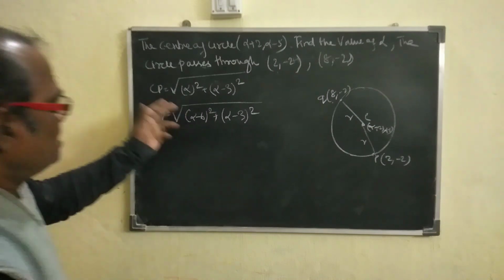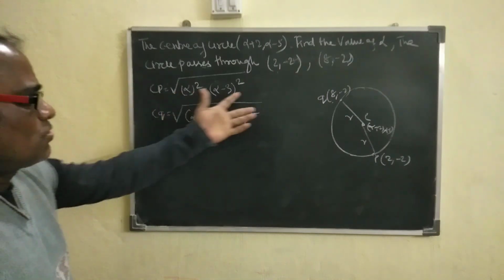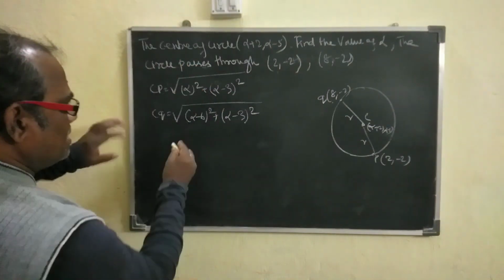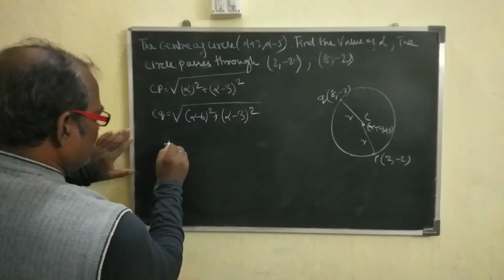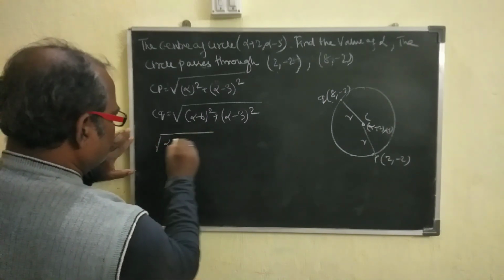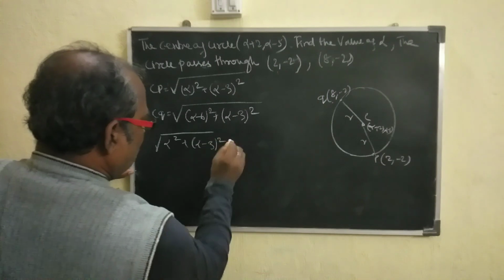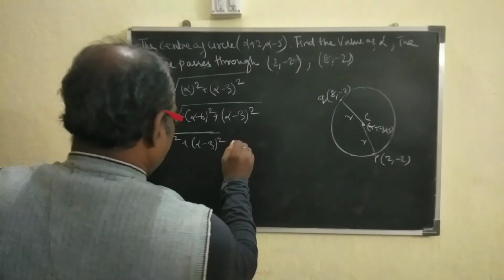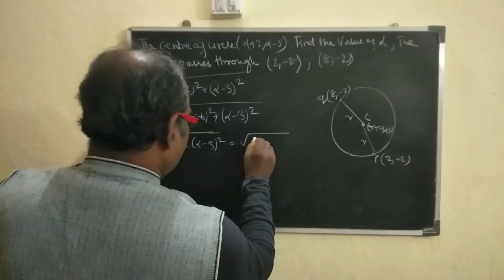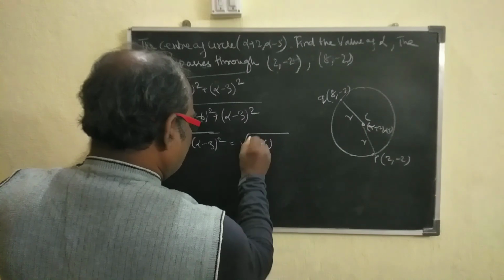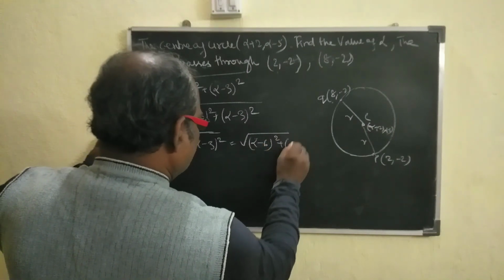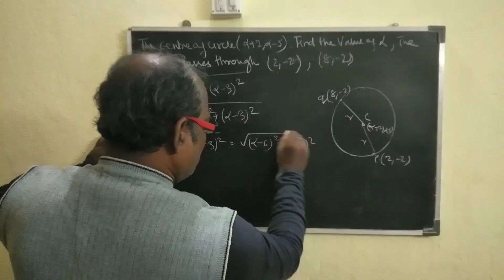whole squared. Since these two are the radius, they are equal, so we can equate them: root over alpha squared plus alpha minus 3 whole squared equals root over alpha minus 6 whole squared plus alpha minus 3 whole squared.